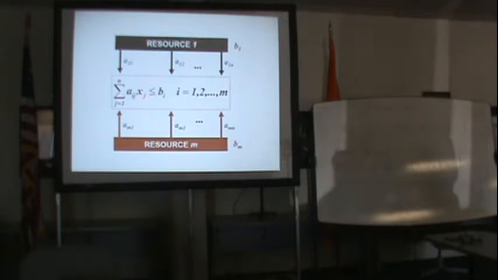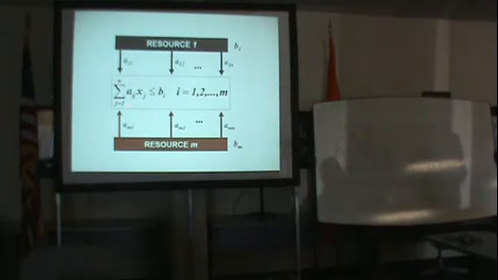The level of activity j is xj, so it will be x1, x2, x3 through xn. And these are the a_ij values that I mentioned to you. Okay, now what does it mean? It says the total consumption of a resource i should not exceed the maximum amount available of that resource. That's what it means in English.